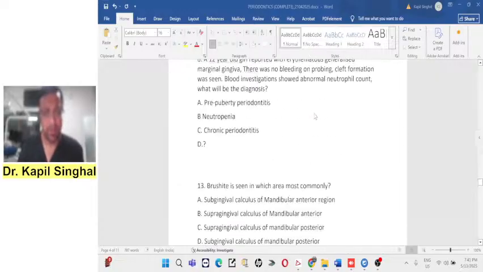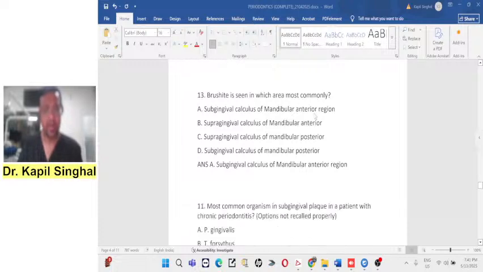Okay, so this was not very okay. Next question was brushite is seen in which area most commonly? So we all know that there are different compositions of calculus. Brushite is 9%, octacalcium phosphate is 12%, magnesium whitlockite is 21%, and hydroxyapatite is the maximum, 58%.